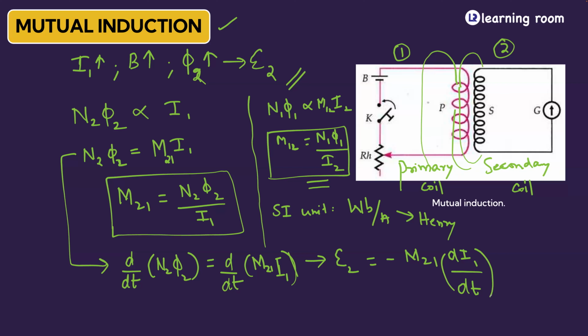So M21 will be equal to E2 divided by dI1 by dt. It is exactly the same process that we followed for self-inductance, except that here we are concentrating more on the subscripts. Am I clear with this point?